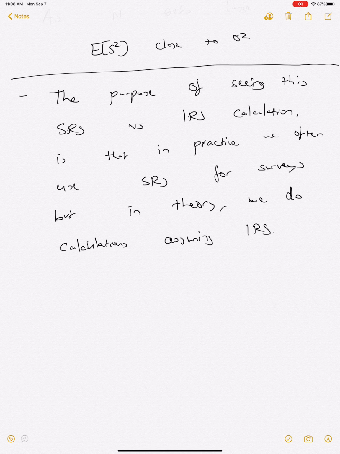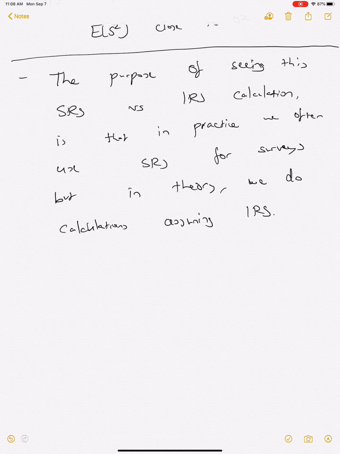So in practice you typically use SRS, and as we saw earlier today with the calculation of the variance of X bar, it can get a lot more complicated if you look at things like the variance of S squared and so on. The calculation becomes very tedious once you start doing SRS, and so for the calculations we typically do IRS, as we did in the first lecture, so that they're independently drawn Bernoulli, even though in practice you typically wouldn't sample with replacement.